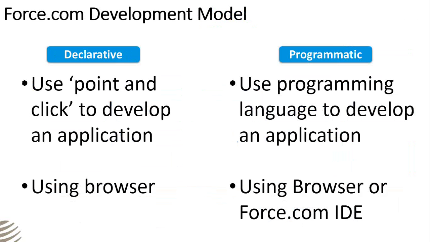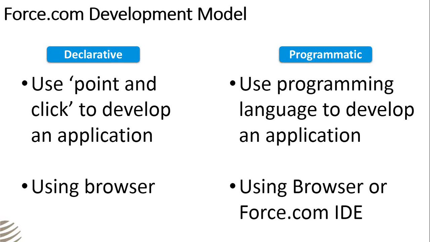Now we are going to start looking into the details of the development model, how Force.com provides these development models. They have two development models: one is declarative and the second is programmatic. Declarative means configuring the application using point and click, so you don't have to write any code to develop an application, and you can use a browser for that.